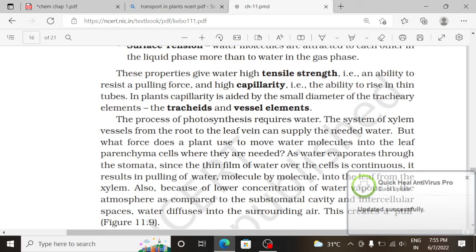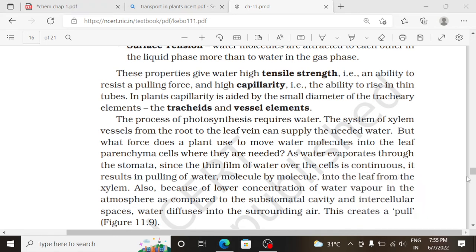These properties give water high tensile strength, that is, an ability to resist a pulling force, and high capillarity, that is, the ability to rise in thin tubes. In plants, capillarity is aided by the small diameter of the tracheary elements, the tracheids and the vessel elements.